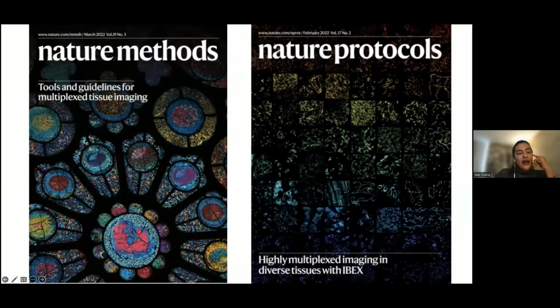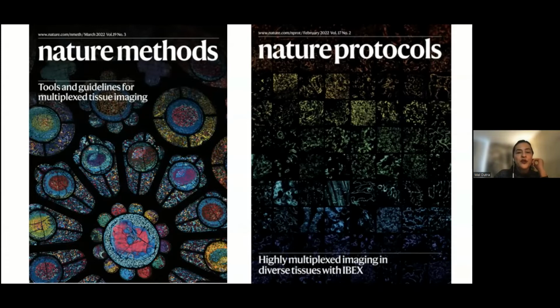Then I came across a couple of papers, actually one paper at first that came out in Nature Protocols, performed by a group at the NIH, headed by Ron Germain, and the first author, the person who really established the methodology, is Andrea Radke.